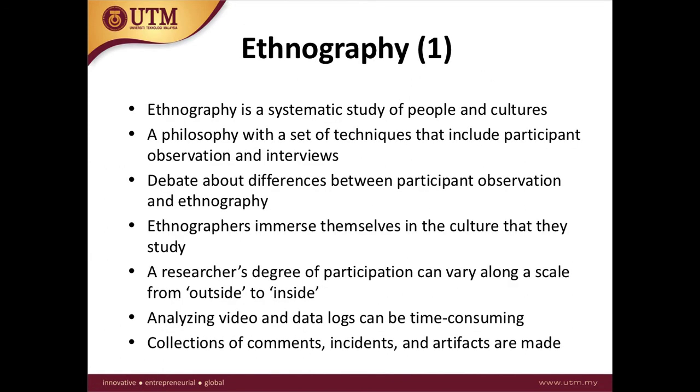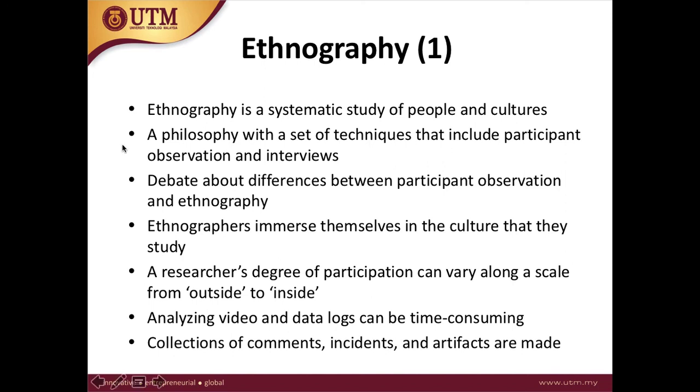Okay, ethnography. What is ethnography? Okay, ethnography is a systematic study of people and culture. Okay, if you look into the study of ethnography, it's a social science. It can be connected with qualitative and quantitative study, and normally people use questionnaires to determine the objective.